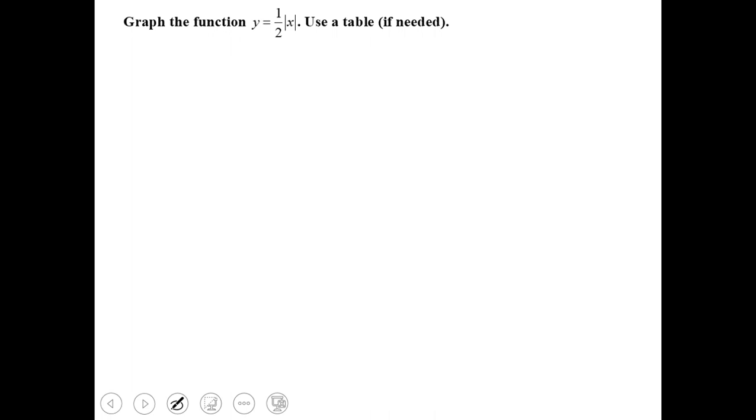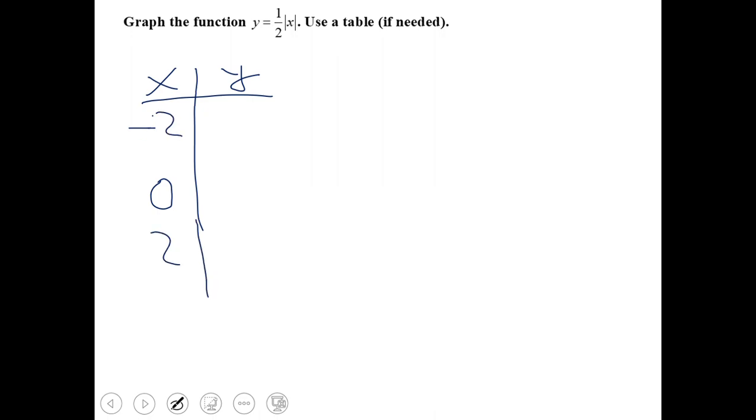Okay, let's talk a little bit about this type of function. You see the difference is we have a number in front of absolute value of x. So the number is 1/2. If we use a table, which I'm going to do now, I will suggest you go with numbers like 0, -2, and 2.